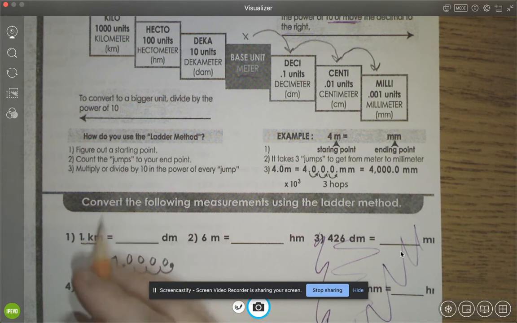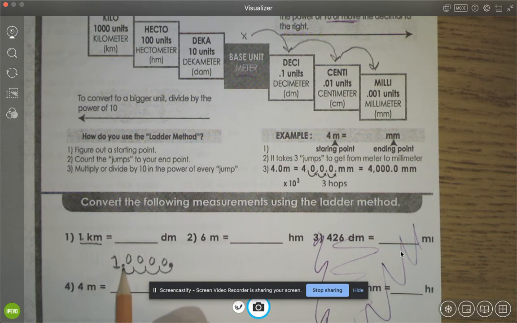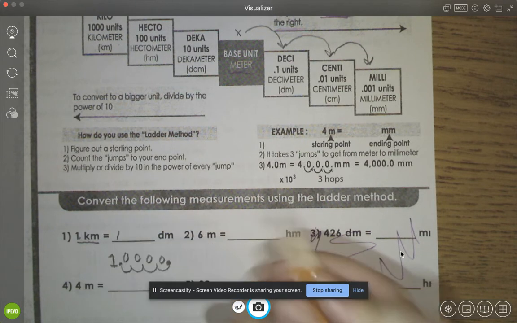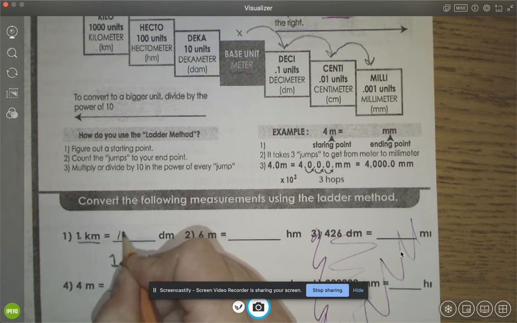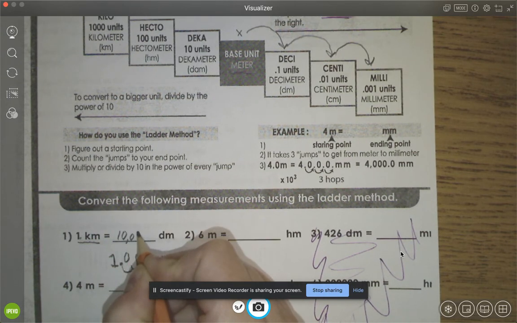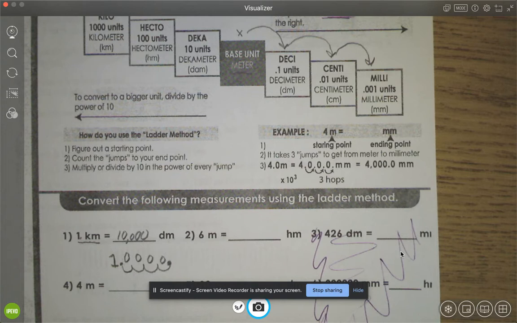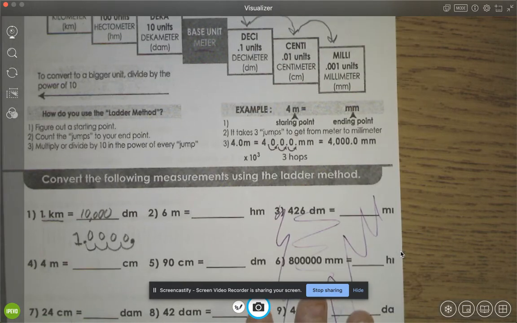So 1 kilometer is actually equal to 10,000 decameters.